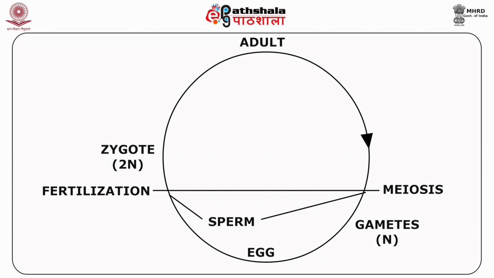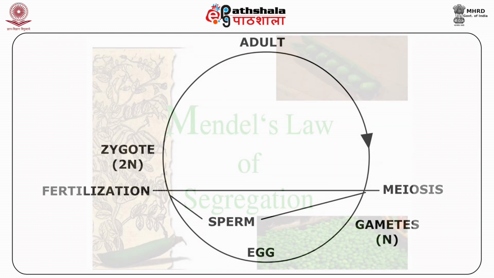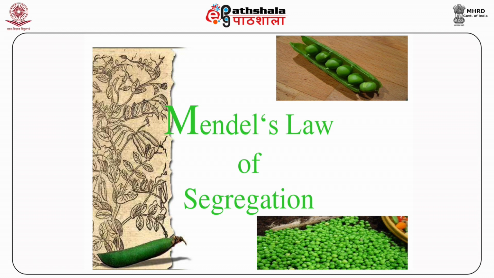When sperm and egg unite at fertilization, each contributes its allele, restoring the paired condition in the offspring. This is known as the law of segregation.